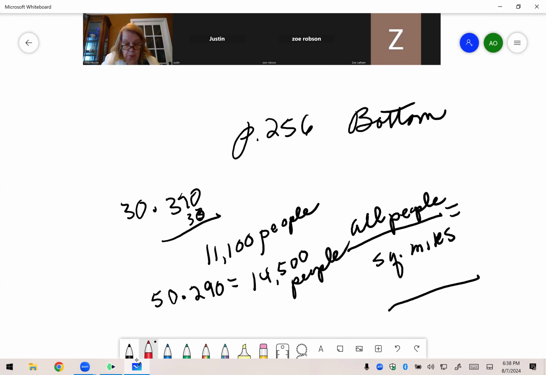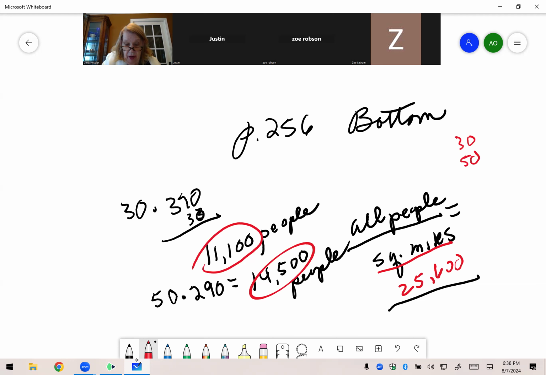Also, you have to add the square miles together or you're gonna get the wrong answer. So we have to add the people, and that'll be 25. And then we have to add the square miles, which is 30 and 50, which we're dividing by 80. And so we should get 320 people per square mile.